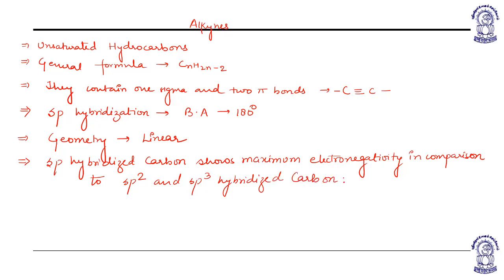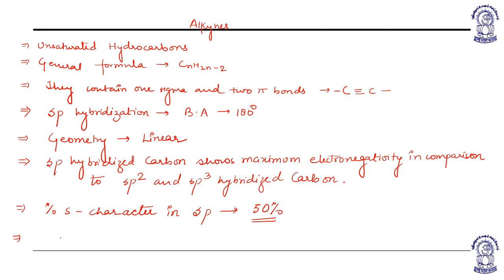Although carbon and hydrogen are least electronegative, sp hybridized carbon is more electronegative in comparison to sp2 and sp3. The percentage s character in sp hybridized carbon is 50%, and that is why they have higher electronegativity.